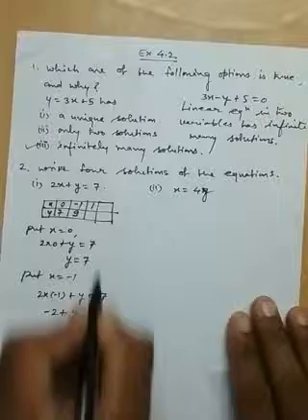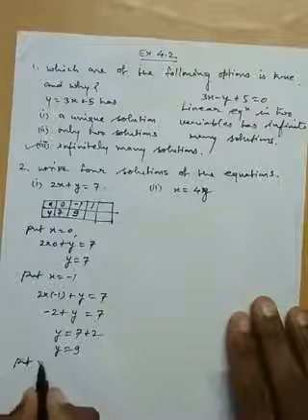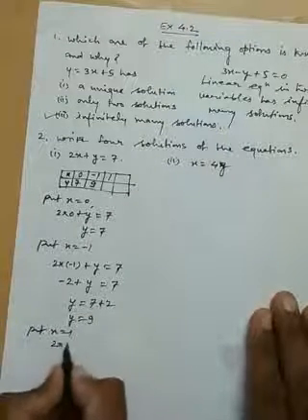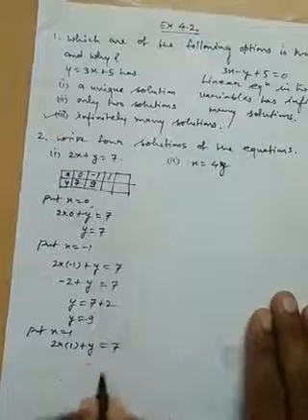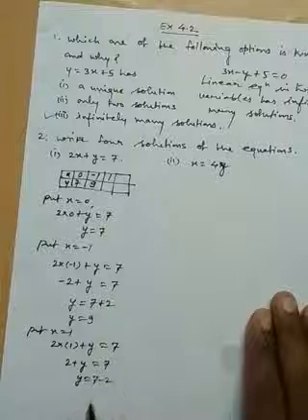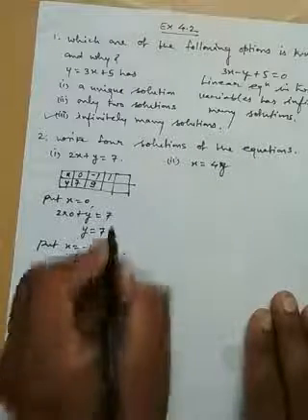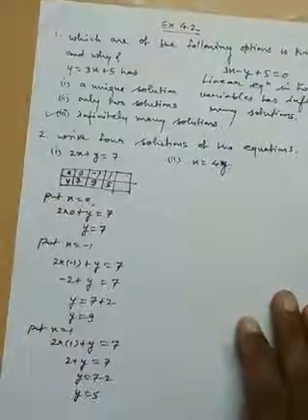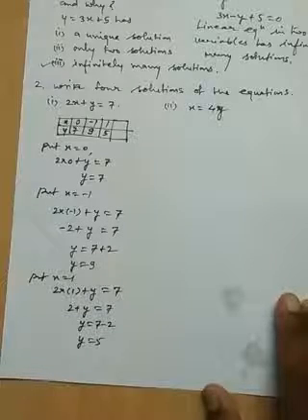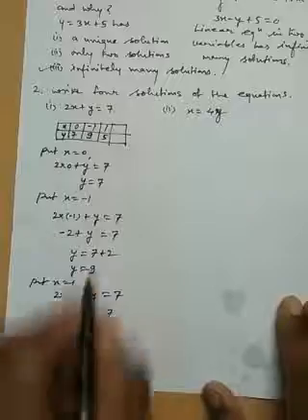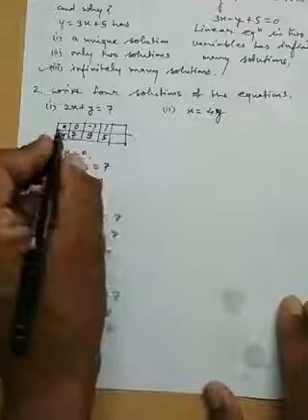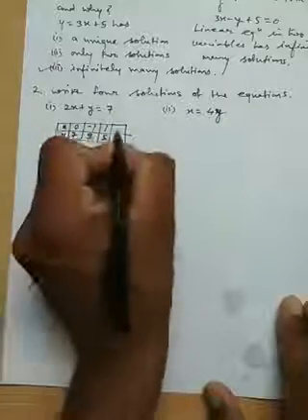Similarly, to find for x equal to 1, put x equal to 1. Then 2 into 1 plus y equal to 7. Then 2 plus y equal to 7, and y equal to 7 minus 2, which is 5. For the corresponding value x equal to 1, y is 5. One more value: we can put x equal to 0, 1, minus 1, 2, minus 2.